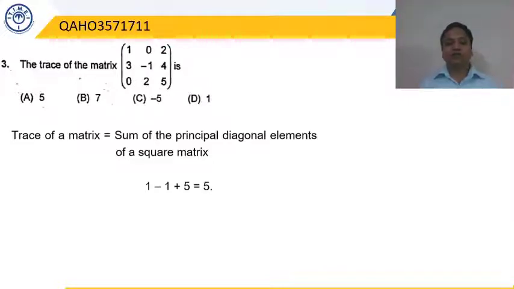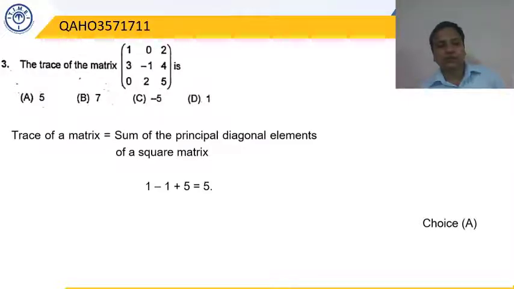If we look at the choices, first option gives us 5. So we can simply say trace of this matrix is 5. It's a straightforward question. So we have to mark choice A. I hope this is clear. This is the easiest question we have. You have to simply add diagonal elements of the given matrix. That's called the trace of a matrix.